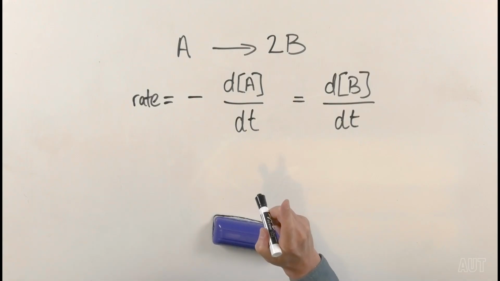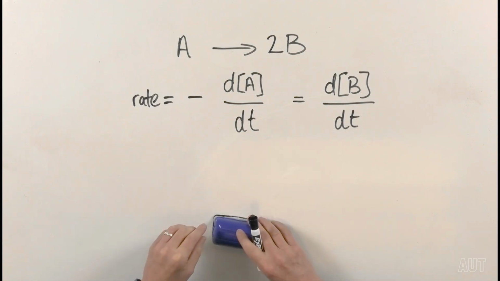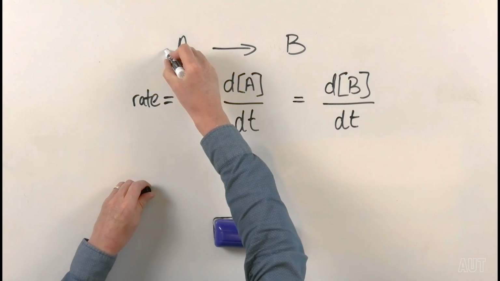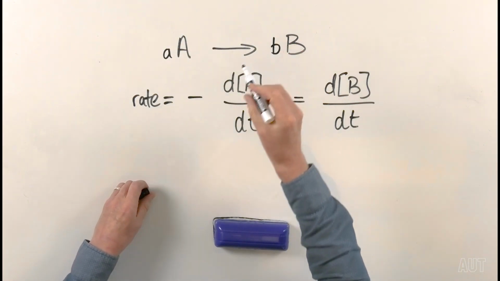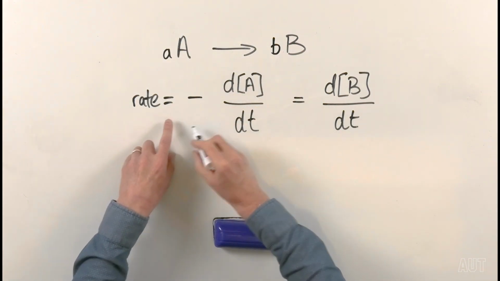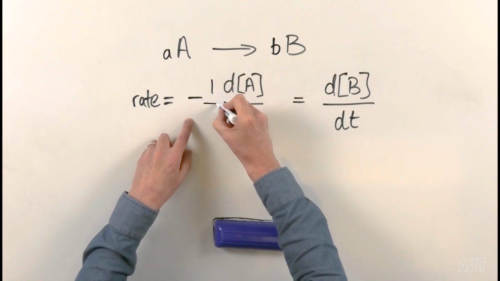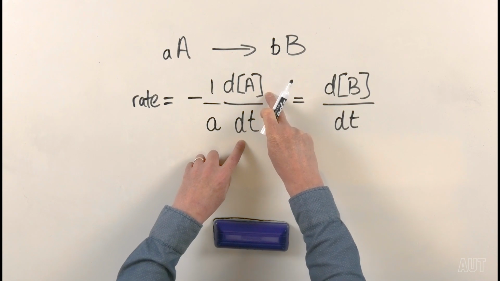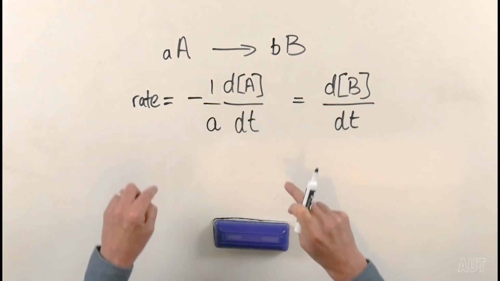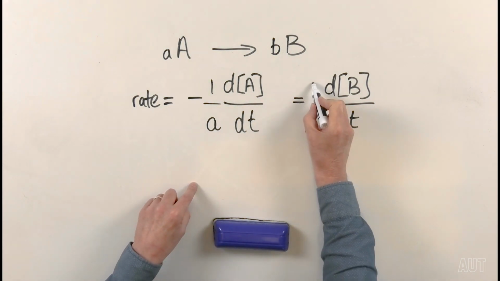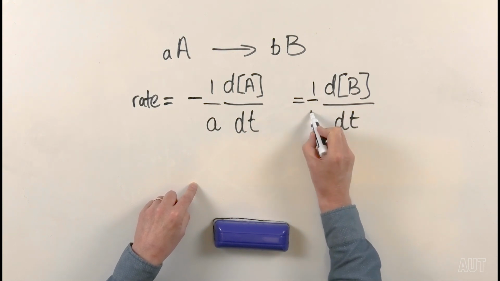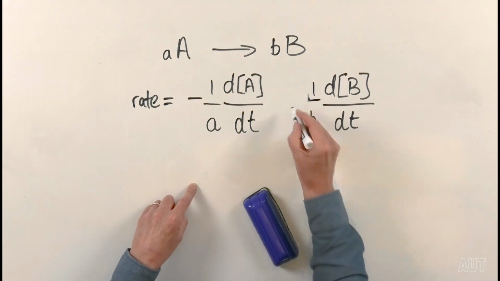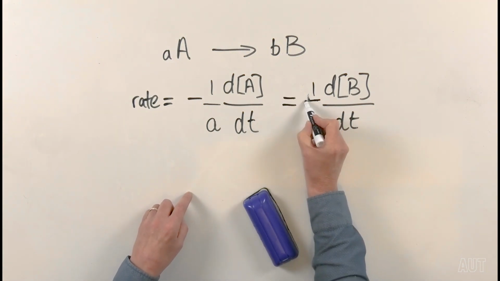Okay? So therefore, the way that we take account of that when we define our rate is we are going to say that the rate of the reaction is minus 1 over little a multiplied by the slope of that graph, dA by dt. And that is also equal to 1 over little b multiplied by the concentration change dB by dt, okay?